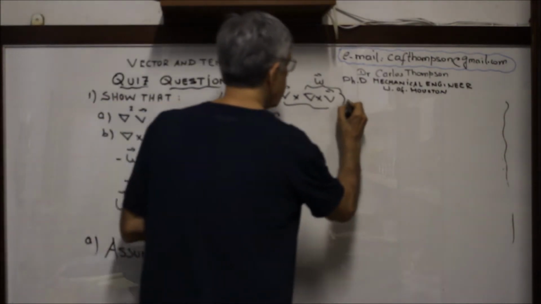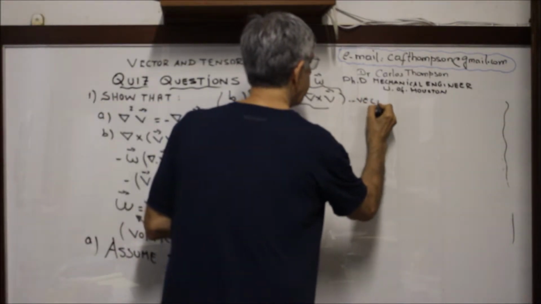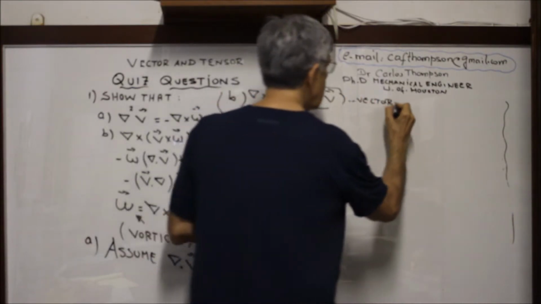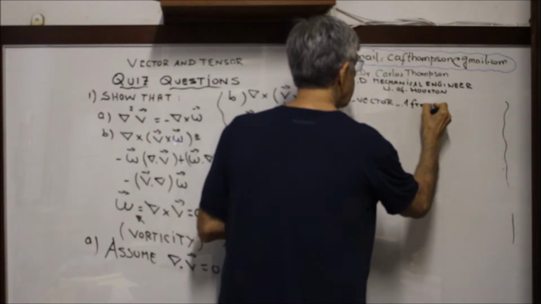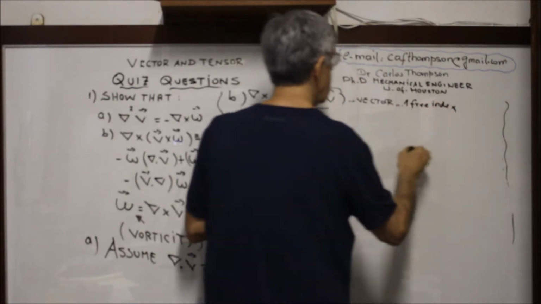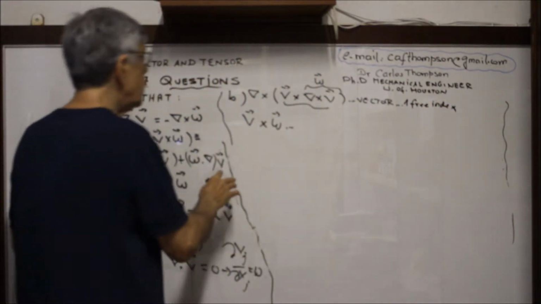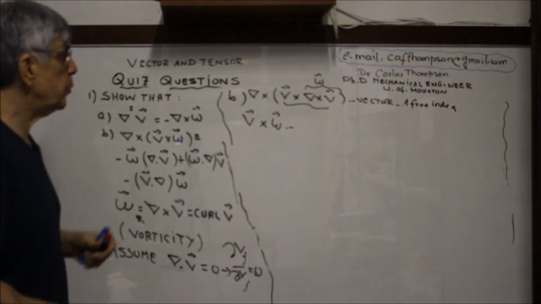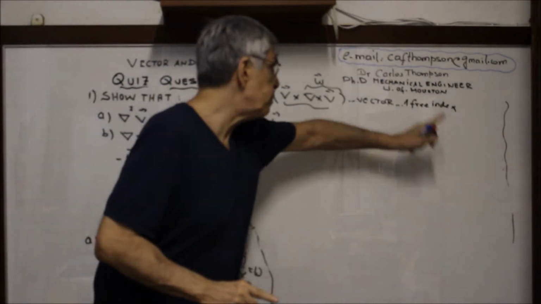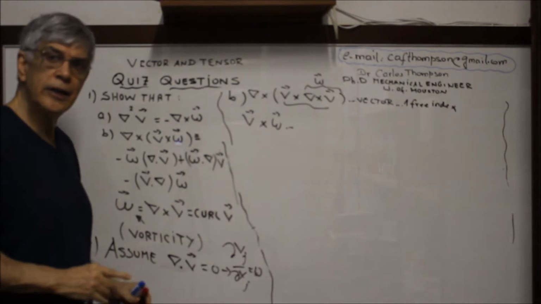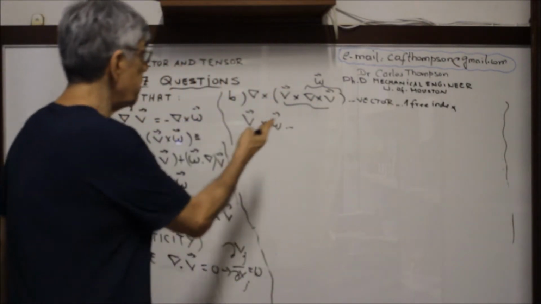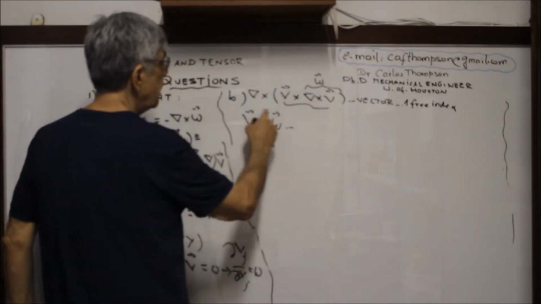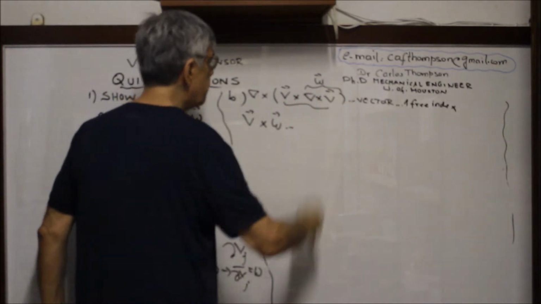So we must have one free index. Before developing this term, we know that in the Cartesian notation one free index must appear, where this is a vector. Curl of a vector is a vector.